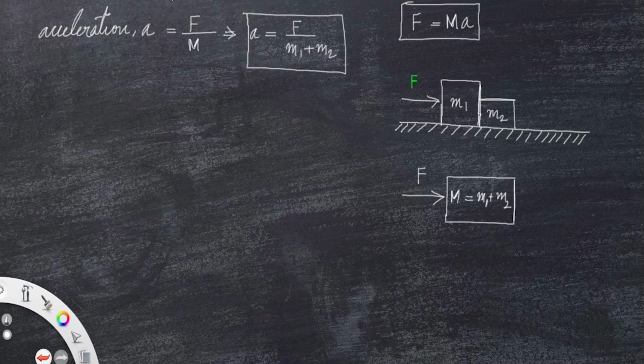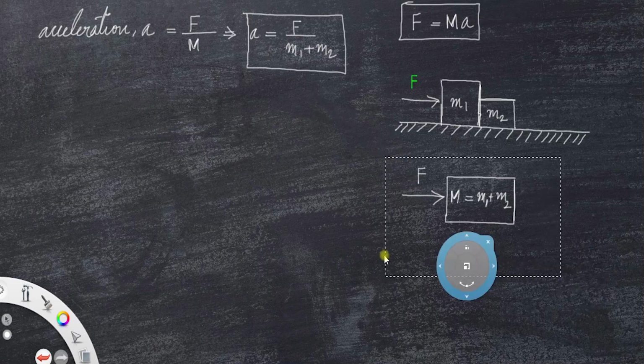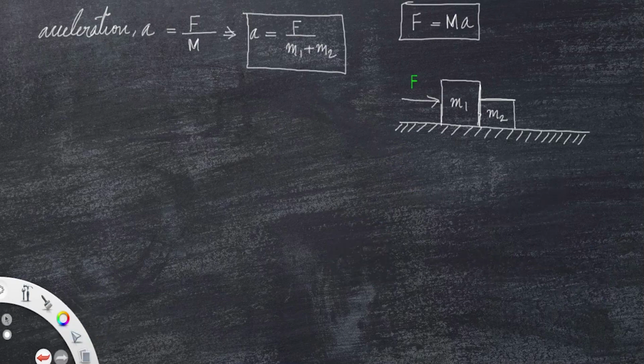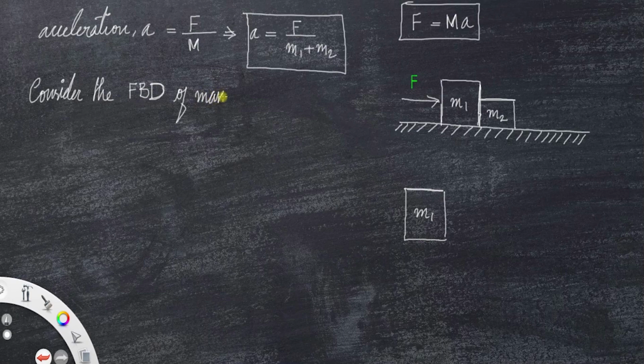Now we should consider the free body diagram of these two masses. First I am considering the mass m1. FBD means free body diagram of mass m1.